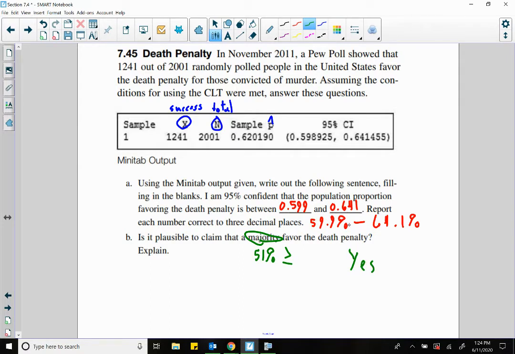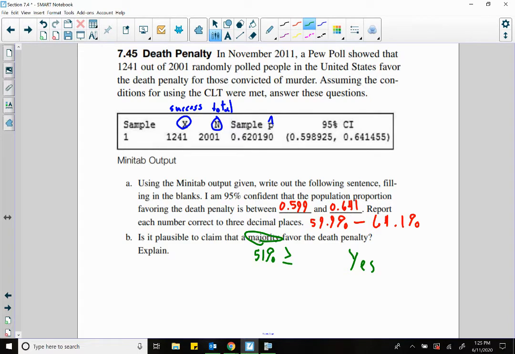Because all of this is above 51%. Okay? I basically have 60 to 64% that say yes to the death penalty. That's definitely a majority. So we start to take this information and make assumptions and some inferences about the population.